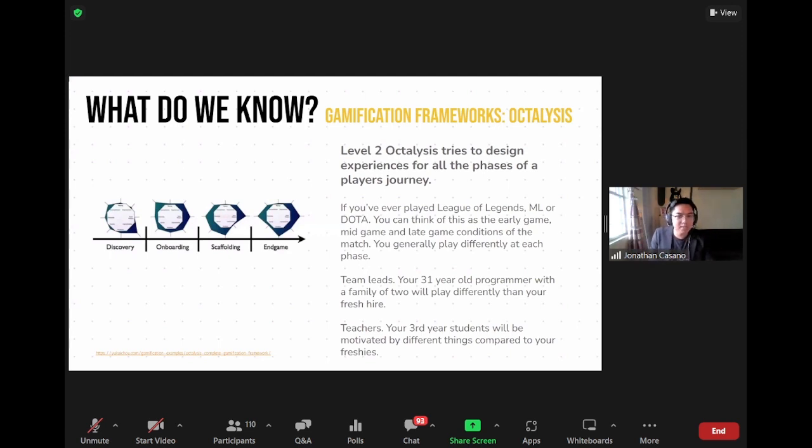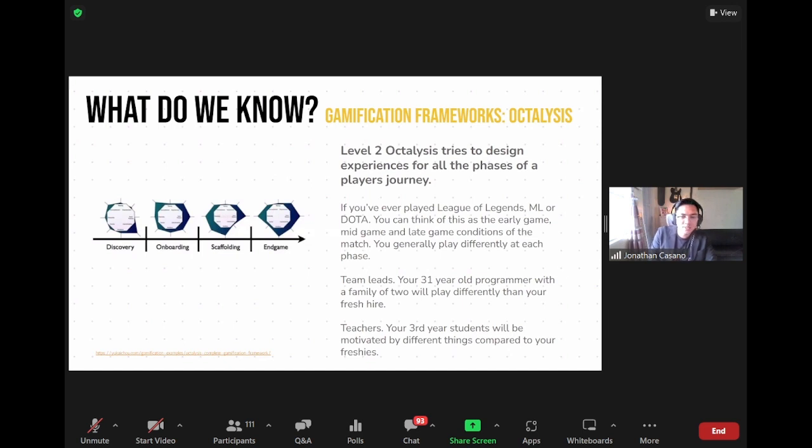To the team leads among you, you very well know that your 31-year-old programmer with a family of two kids will play, quote unquote, work differently than your fresh hire. You need to design for whatever gamification system you'll apply at work and for whatever behavior change you want to achieve. You must know na I can't make my veteran workers respond the way I'm trying to make my fresh hires respond.